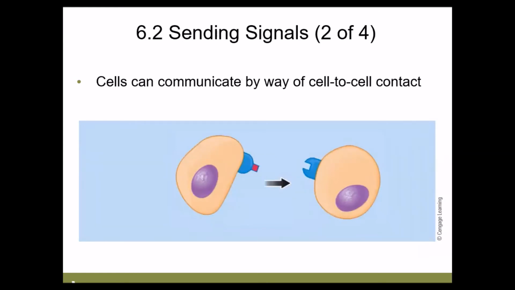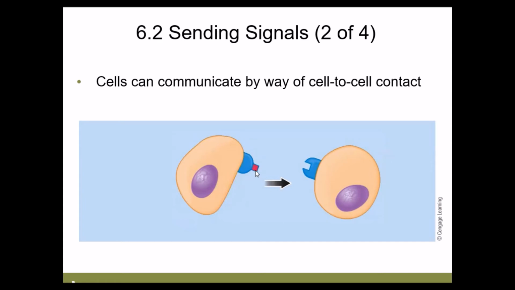You may have a signal communication cell to cell that's just based on direct contact. The cells actually have to make contact with each other. And so you have an example here in the picture, where you've got one cell here that has a particular chemical that's already bound to this cell's receptor, the little blue area here, that is a receptor, and it has some type of chemical signal bound to it.